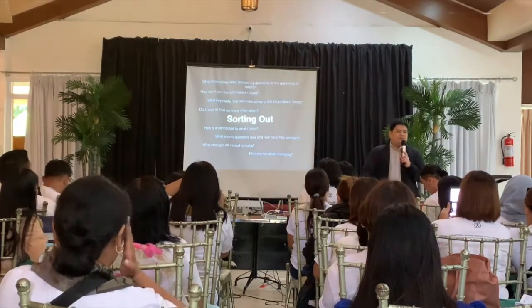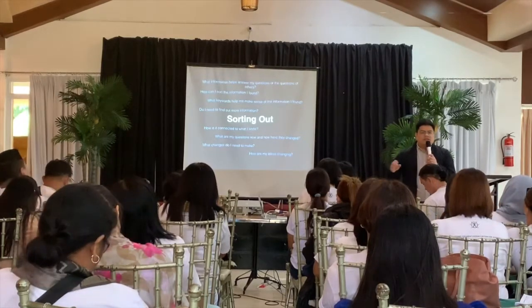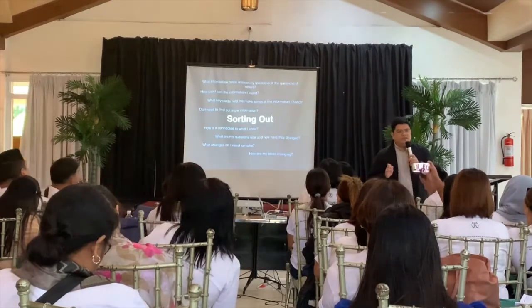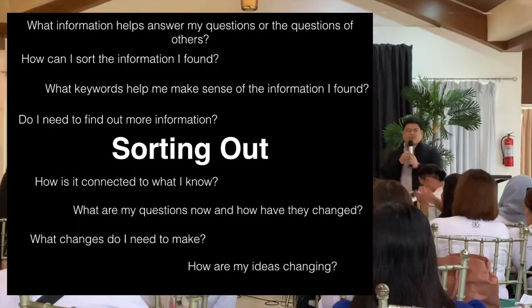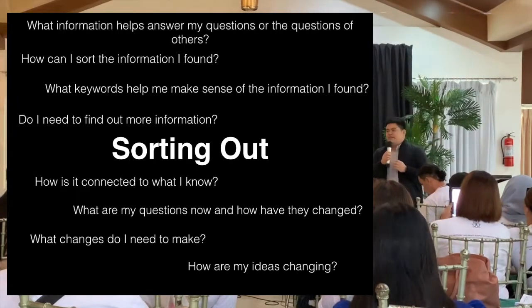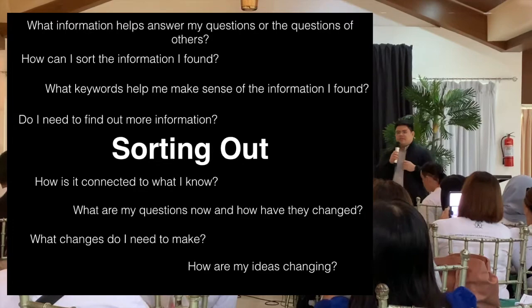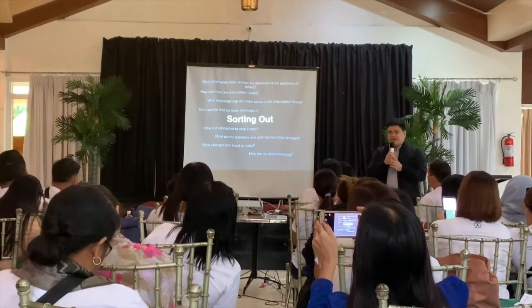So with all of this new information, it's important that we let our students think about their learning. So we have to have them stop first and have them sort out this information. This is the time that we can start giving them formative assessments. So in the sorting out, we would give them, let's say, a graphic organizer for them to categorize their information.